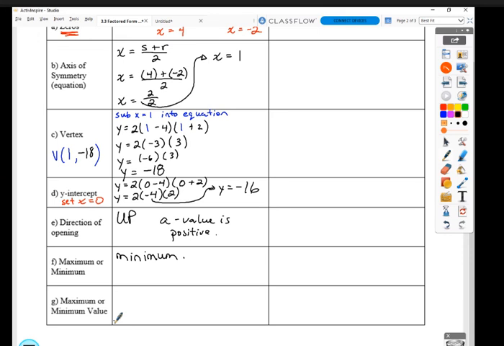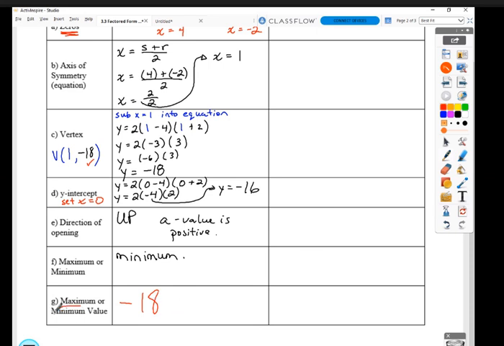Now, what is the maximum or minimum value? Does anyone remember from the other? Yeah, what do you think, Julie? Why do you think that? Yeah. -18 is the minimum value.